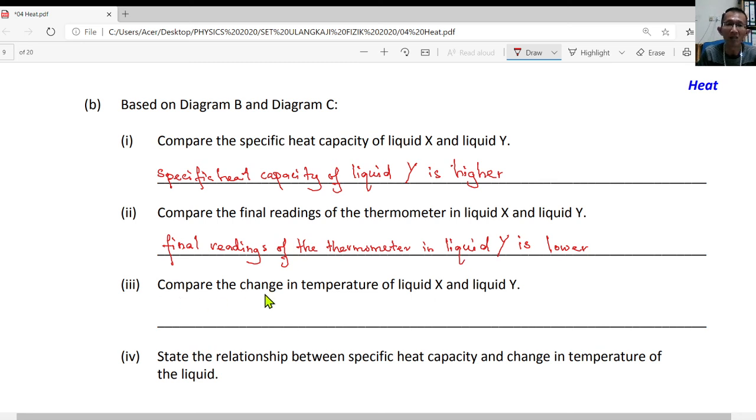Now, compare the change in the temperature of liquid X and liquid Y. So the quantity to be compared is the change in the temperature. I just write down the quantity first. The change in temperature of liquid Y is what?